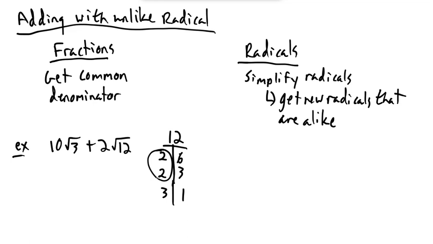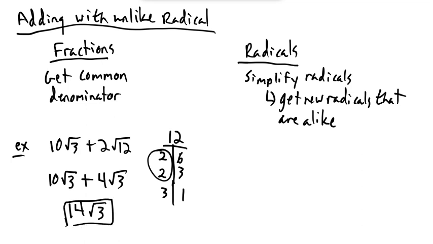So we can pull a set of 2's out from this. This becomes 10 square root 3 plus 2 times 2, 4 square root 3. And hey, would you look at that? We have like radicals, meaning we can combine these. Coefficients get added, radicals stay the same. So 10 plus 4 gives us 14 root 3.